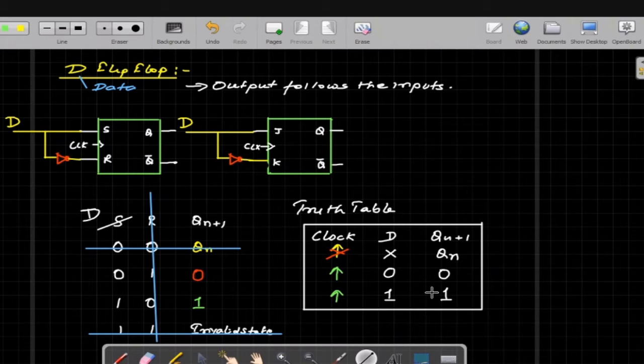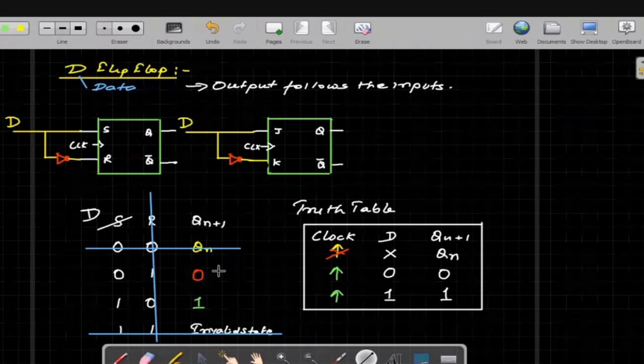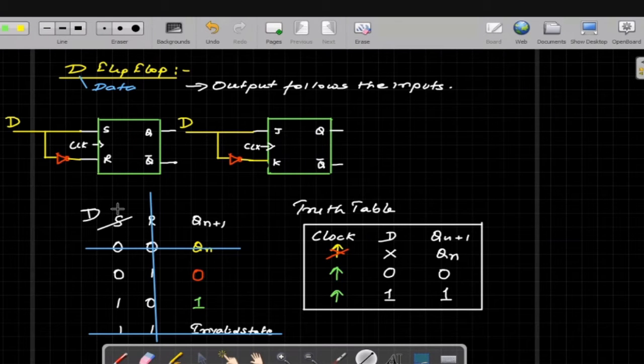Is it clear to all of you or not? Now, I told you that we have to work on four different aspects.